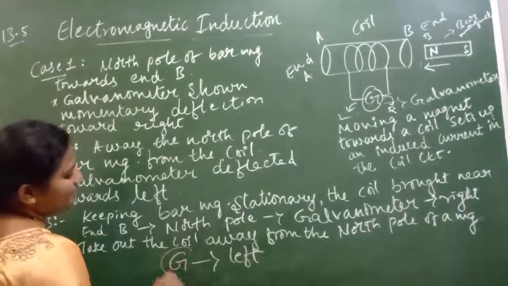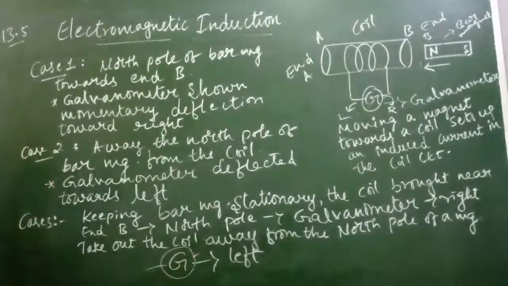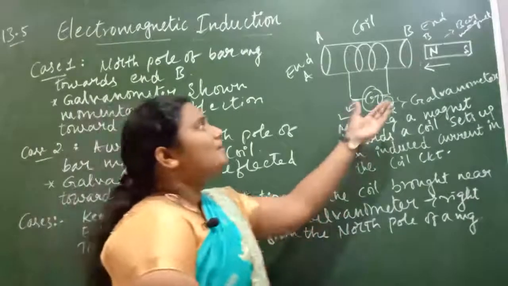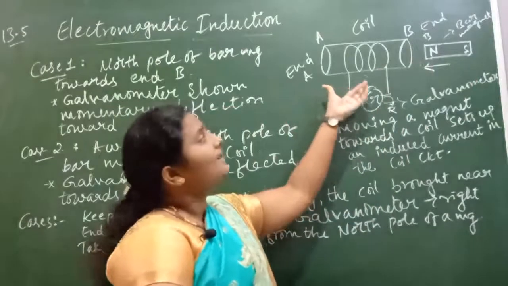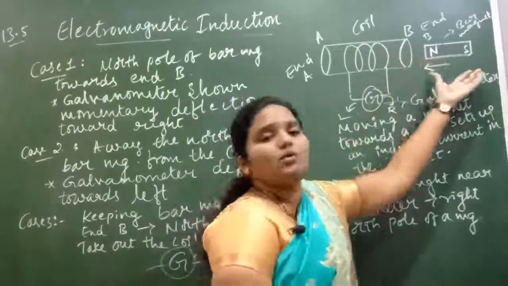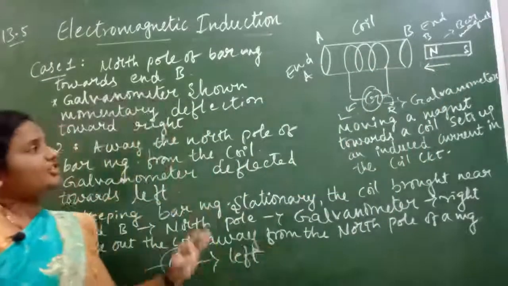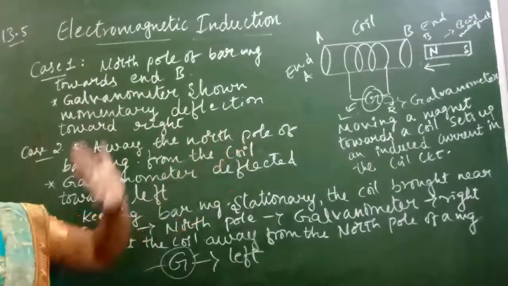That is, here G, nothing but a galvanometer, has deflected towards the left. So it is clear, children, that by bringing a magnet towards the coil or by bringing a coil towards the magnet, we can generate an induced current.